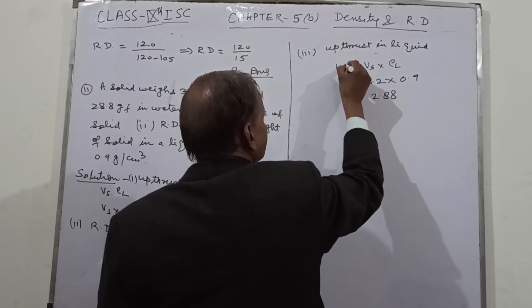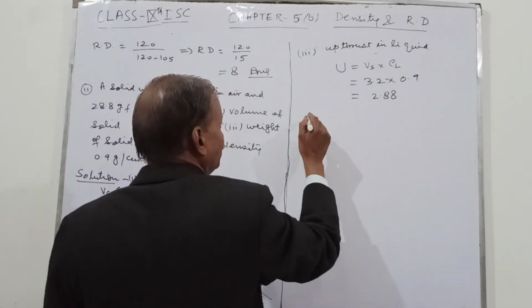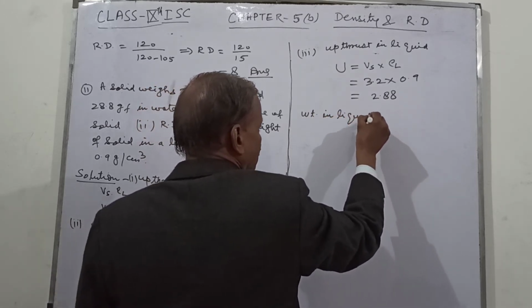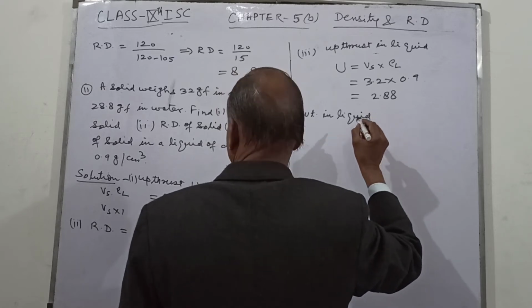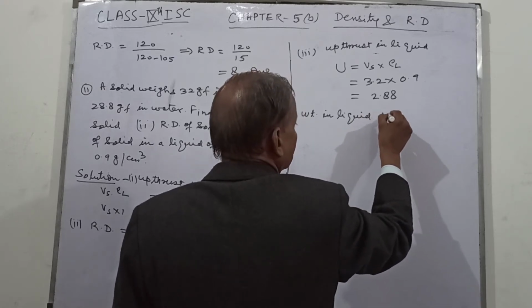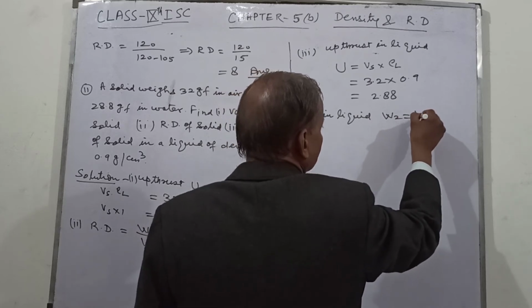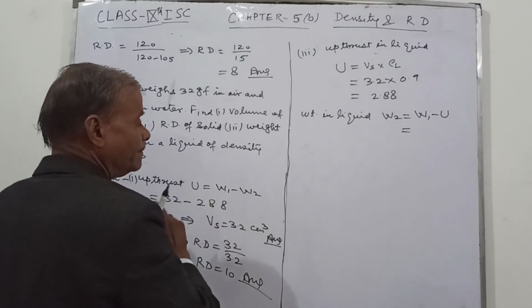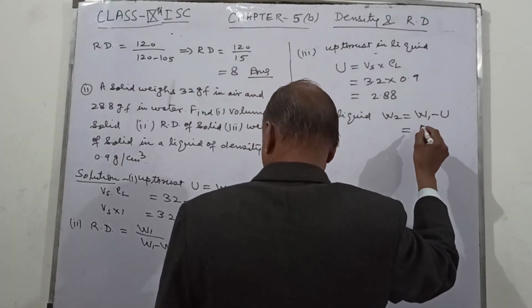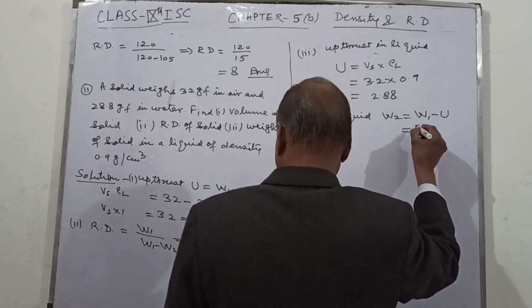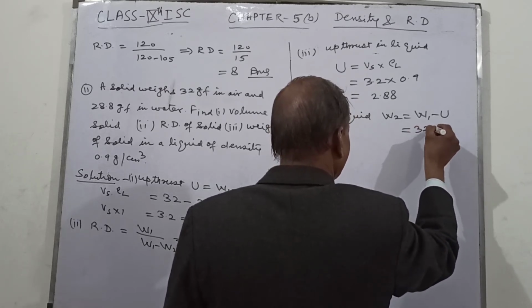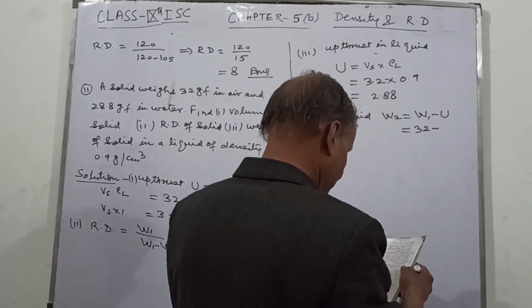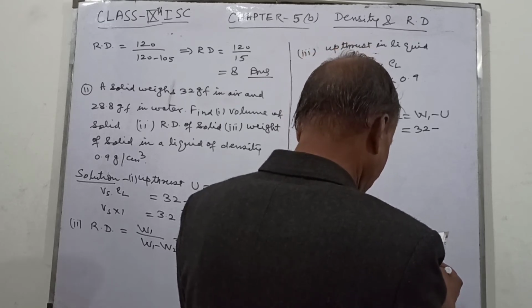So this is now U equal to so much. Therefore, weight in liquid, W2 equal to W1 minus U. Now from here, this is given to you: 32 minus 3.2 into 0.9.